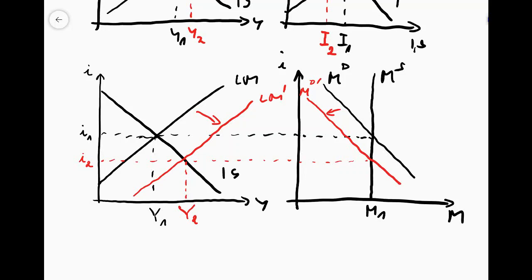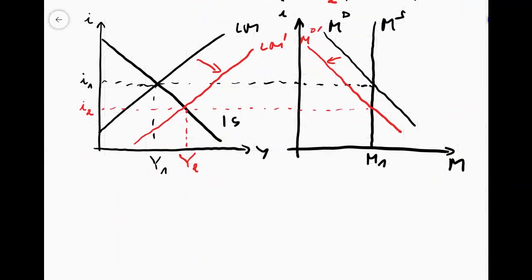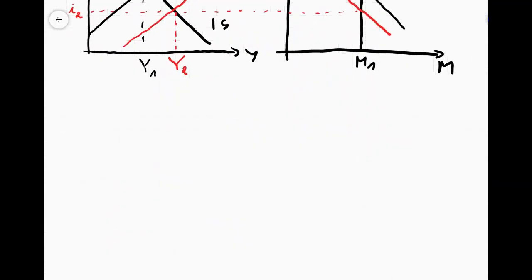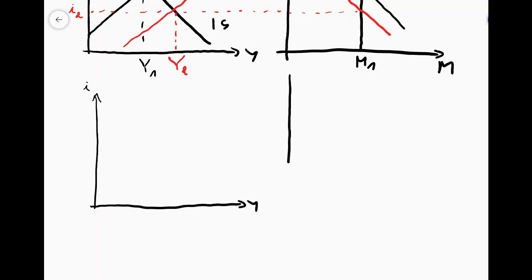Now, of course, you could also look at the effect of a change in the money supply. So what would happen if we had a monetary expansion in the economy? Again, I'm going to use the same two graphs side by side to look at this event.